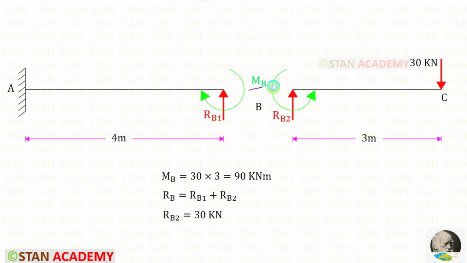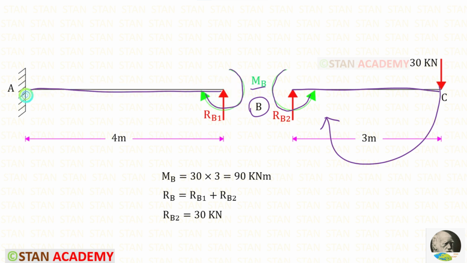To find the moment MB, we have to multiply the load 30 with the distance 3. When we do that, we will get 90. About the point B, this load is acting in the clockwise direction. So MB will be acting in the anti-clockwise direction in BC and in the clockwise direction in BA.